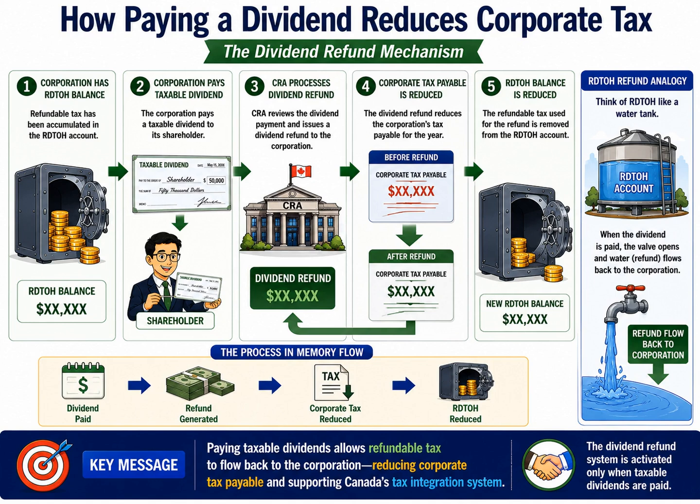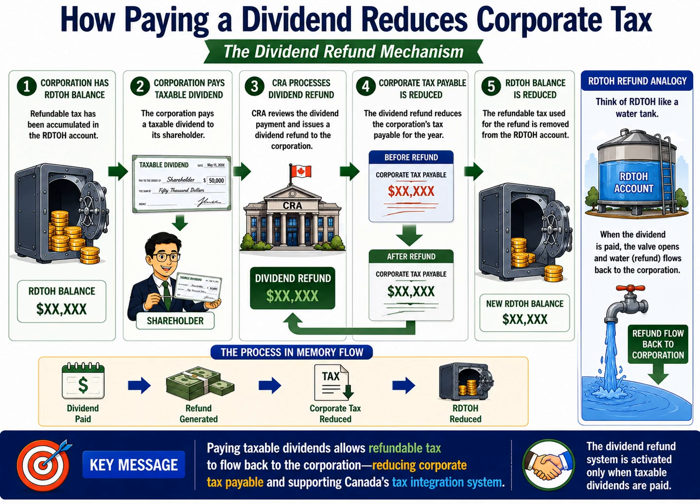When the refund is issued, two things happen at the same time. First, the corporation's corporate tax payable is reduced because the dividend refund offsets part of the tax that would otherwise remain payable. Second, the balance in the RDTOH account decreases. This happens because part of the refundable tax has now been returned to the corporation.